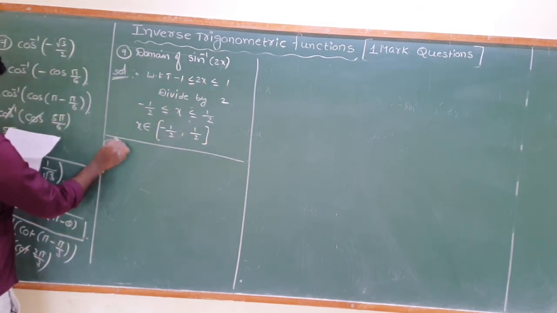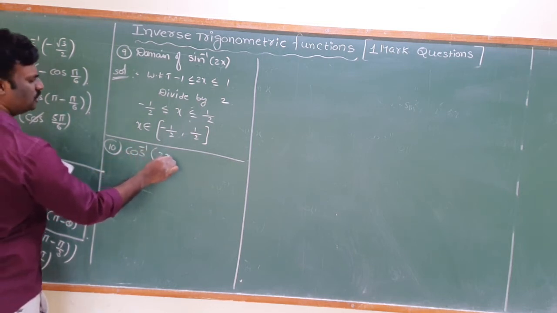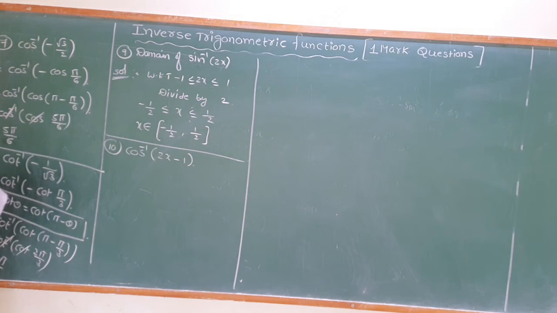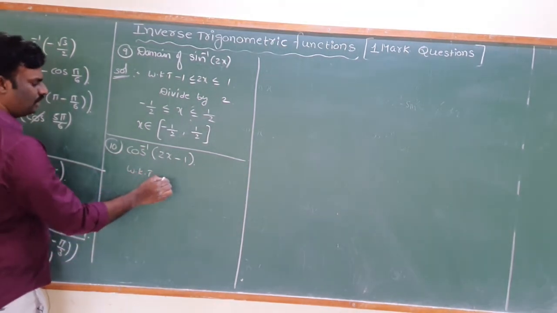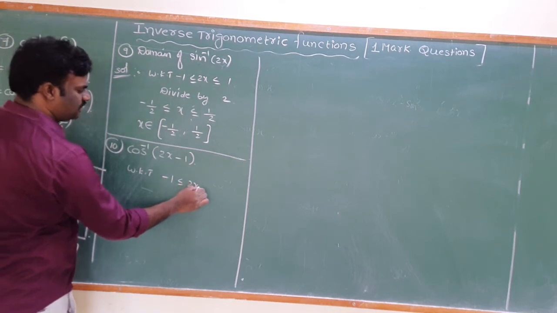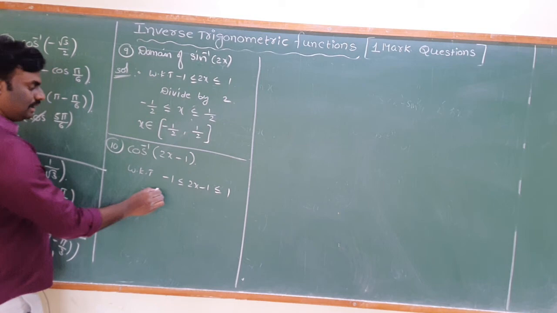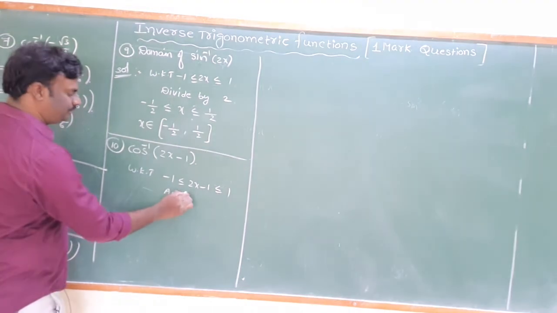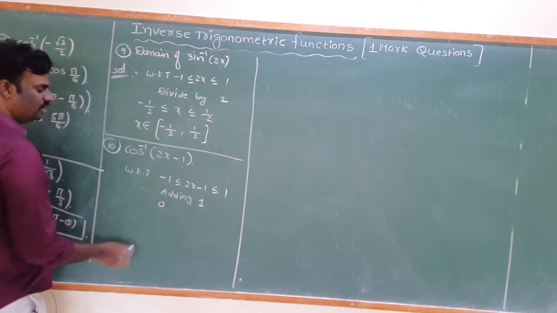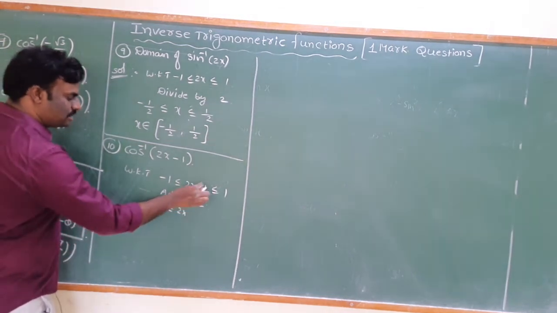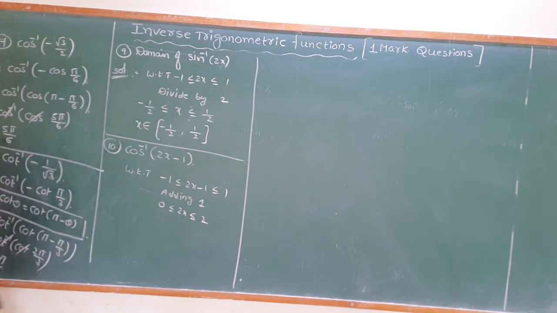Similarly, 10th question: the domain of cos inverse of 2x minus 1, same method. We know that the cos inverse domain also lies between minus 1 to plus 1. Adding 1, minus 1 plus 1 is 0, less than or equal to 2x, and the other side, 1 plus 1 is 2.